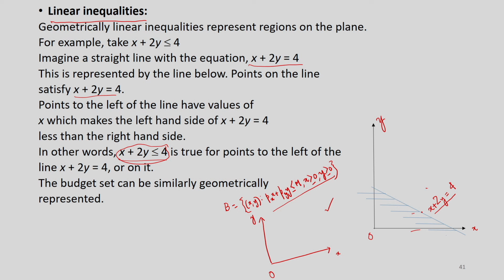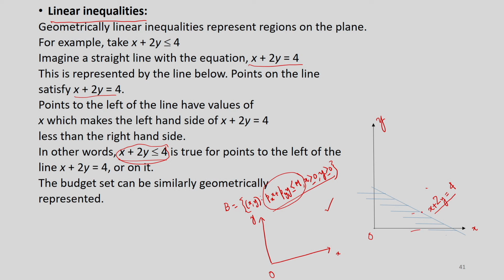So, we have to be strictly in the first quadrant. Now, the main thing is this one: p x multiplied by x plus p y multiplied by y is less than or equal to m.